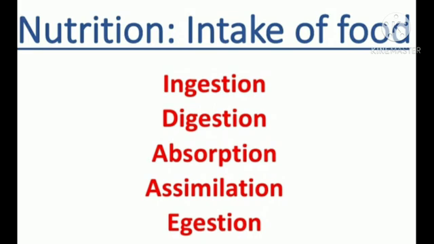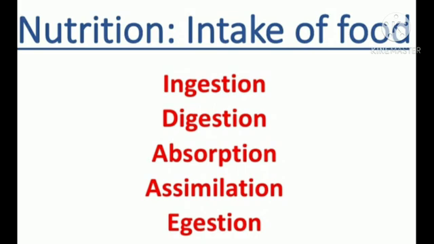The nutrition. The term nutrition includes different life processes like ingestion, digestion, absorption, assimilation, and egestion. These are the 5 different life processes which are all included in the nutrition process.